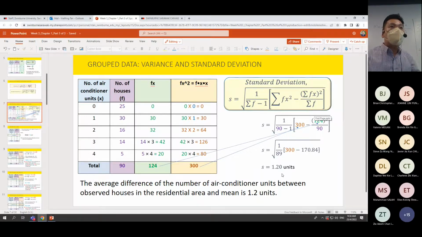Last column is Fx squared; you can use the green column multiplied with the blue column, then you get the orange column, which is Fx squared. So far so good? Bear in mind your standard deviation and variance are always positive.